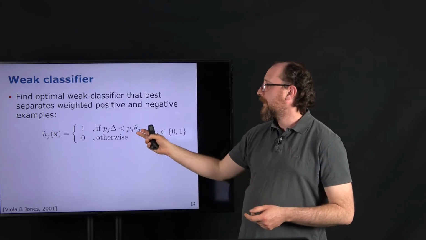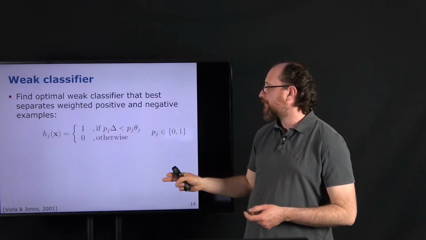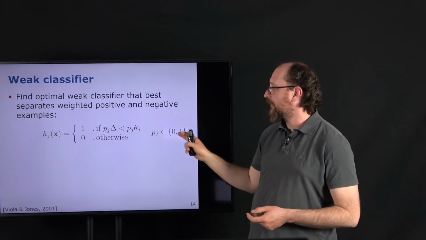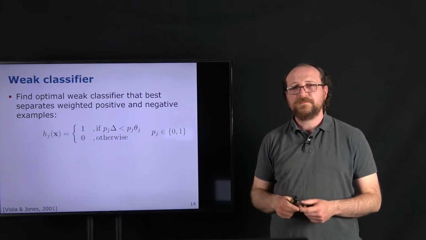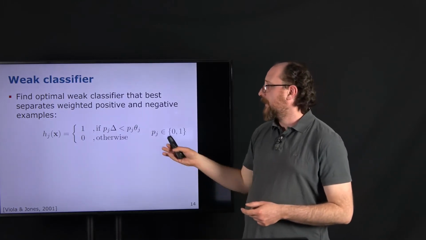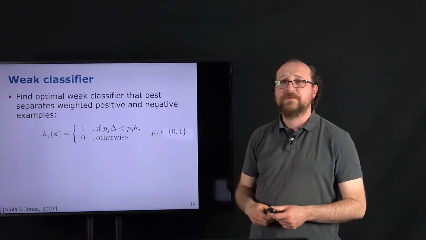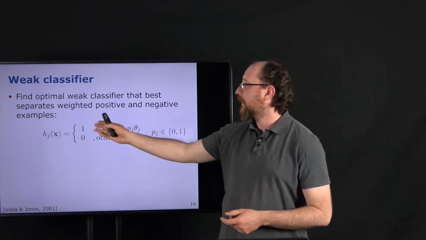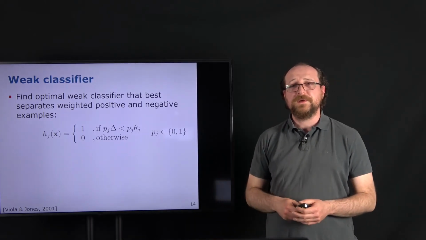In this case, they also included this p_j, which is just -1 or 1. This is a parity, which just flips the sign here. When this is true, it returns 1, and when it's not true, it returns 0. So 1 corresponds here to face, and 0 corresponds to not a face.